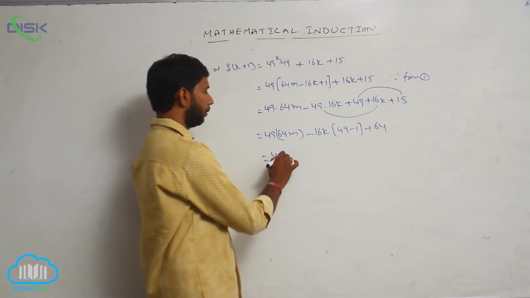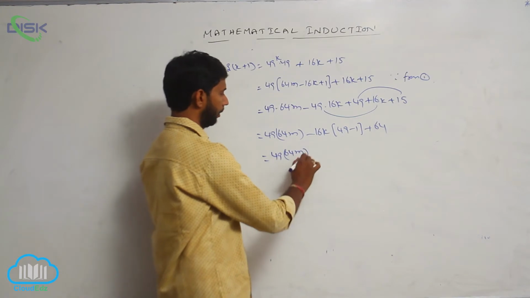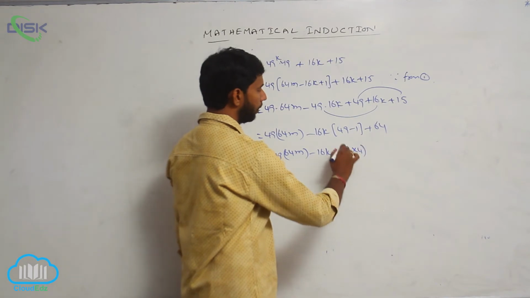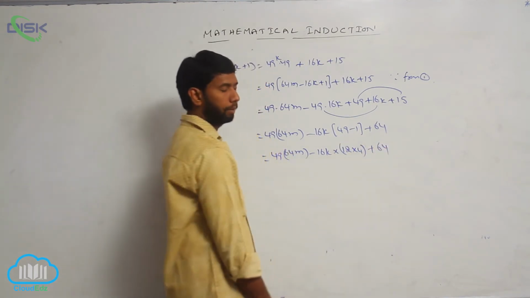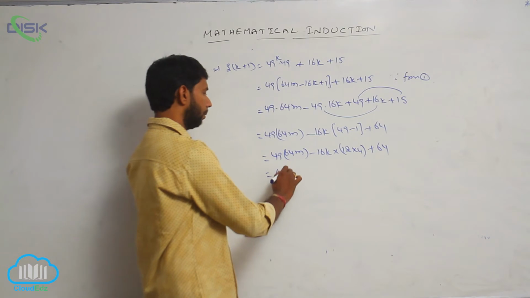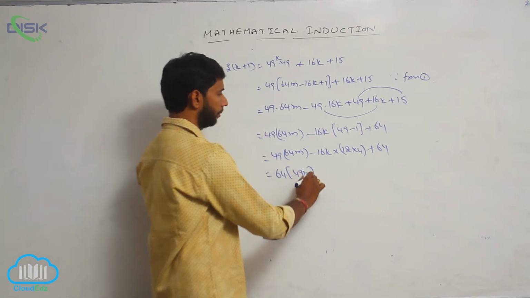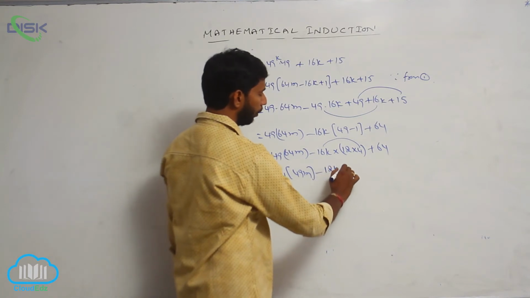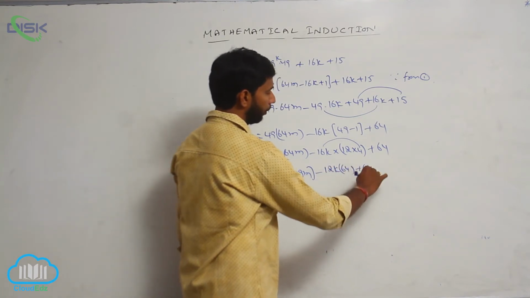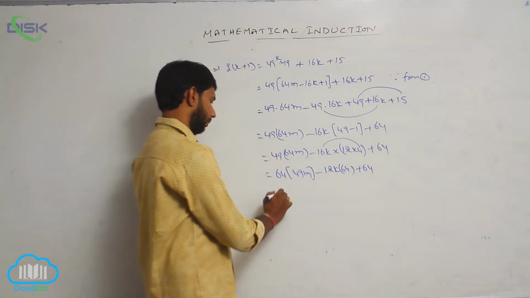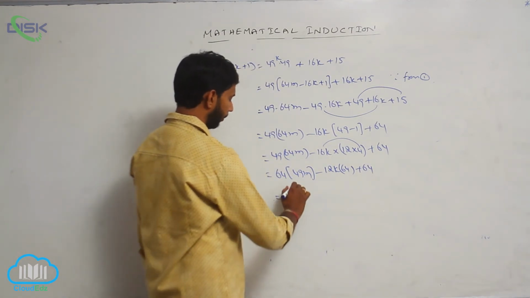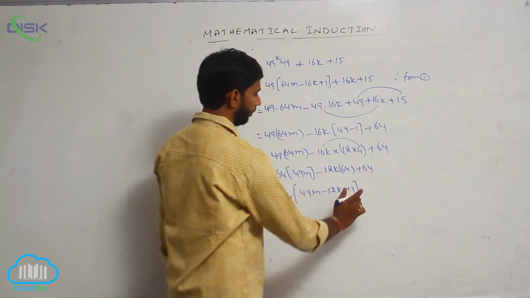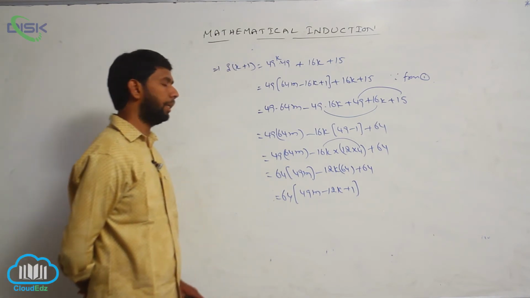That is 49 of 64m minus 16k of 48, and 48 can be written as 12 fours, plus 64. 64 is common: 64 of (49m minus 12k plus 1), which is a multiple of 64.